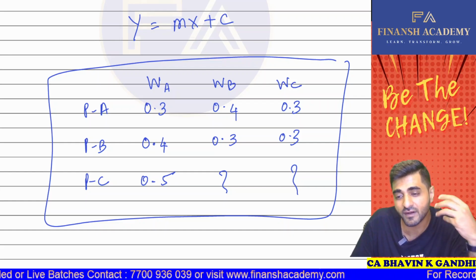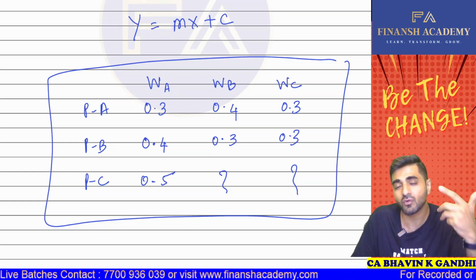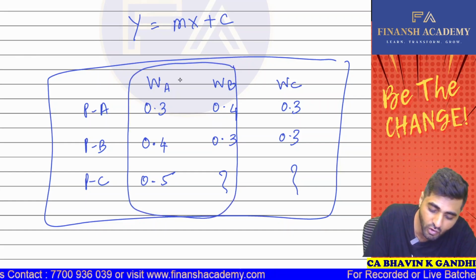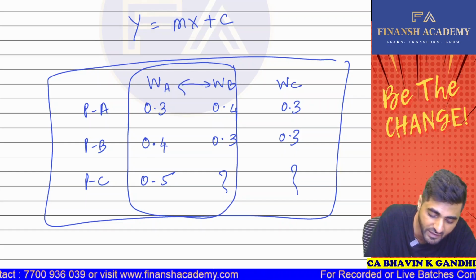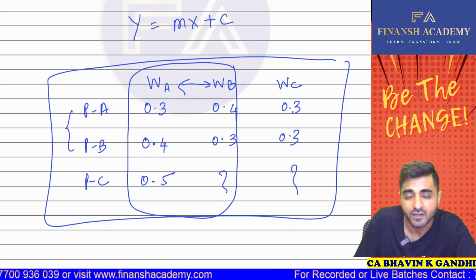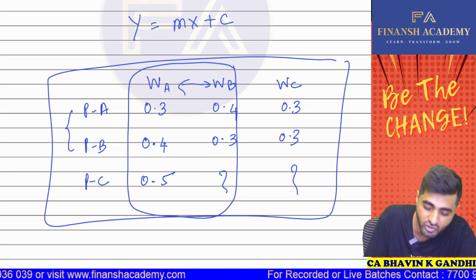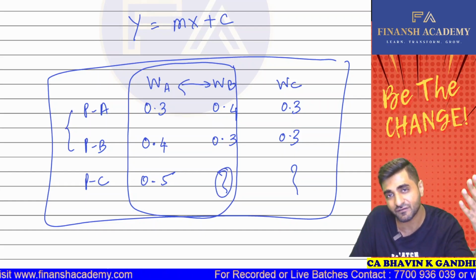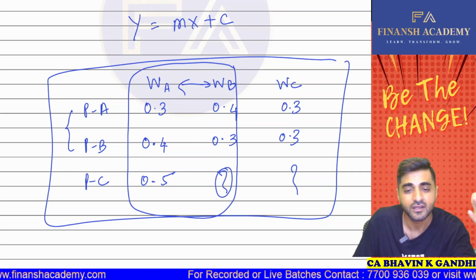So we need the weights of B and C. I can do this if I create the relationship of weights of A and weights of B in these two portfolios. Then I can use this equation to determine the weights of B here, because all the portfolios are on the efficient frontier.